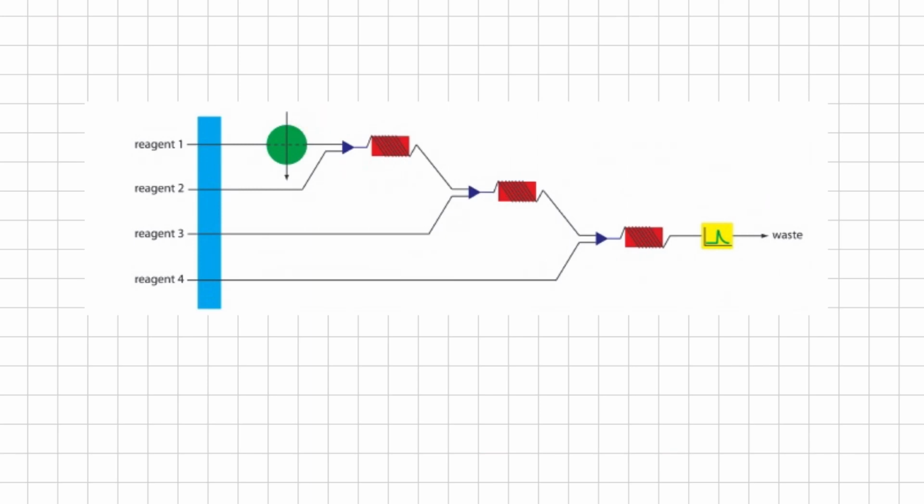Similarly here, reagent 3 is mixed with the product of reagent 1, 2 and the sample, and in this channel reagent 4 is mixing with the product of reagent 1, 2, 3 and the sample. So in this way we have more control over the reactant species, and we feed all this to the detector and record its response.